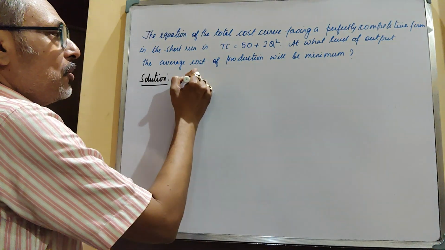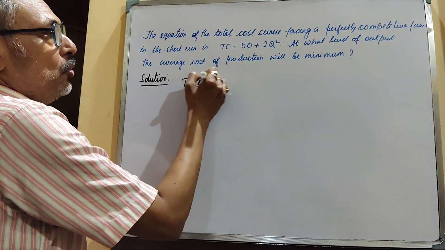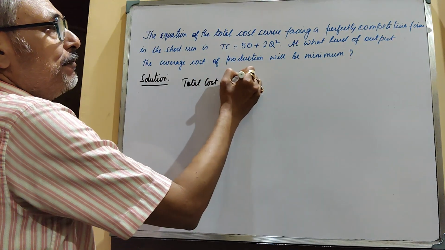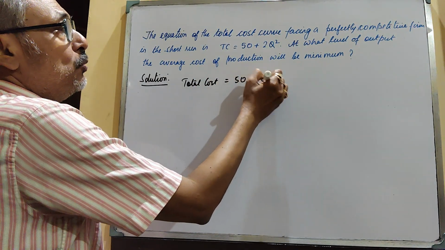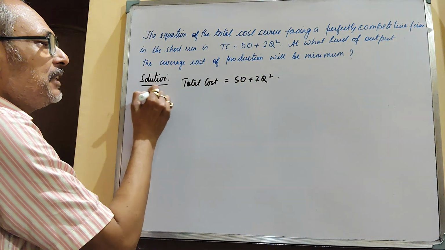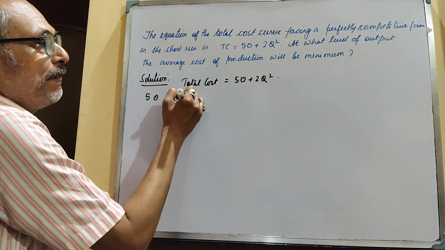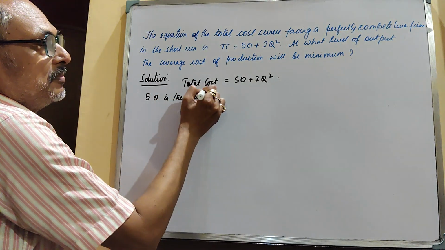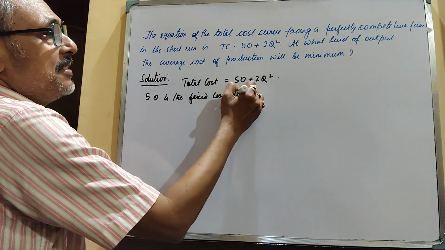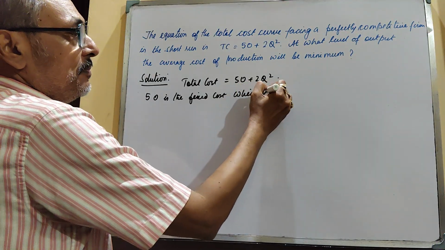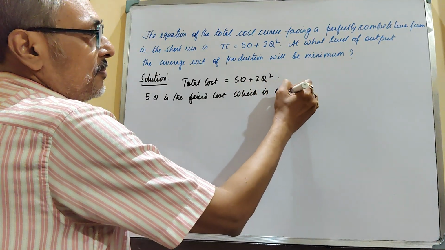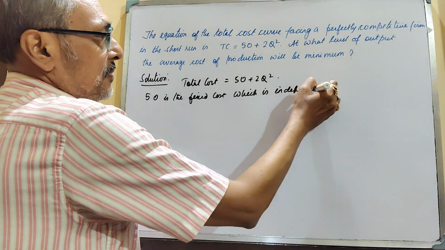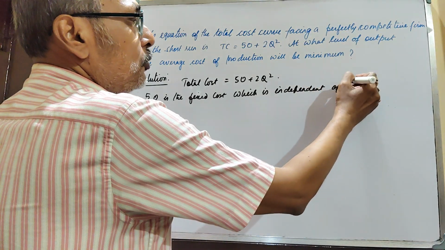Now, the total cost is 50 plus 2Q squared. 50 is the fixed cost, which is independent of the level of output.